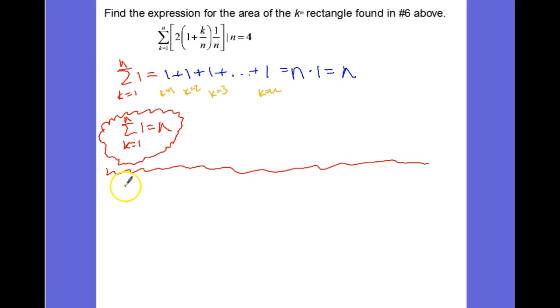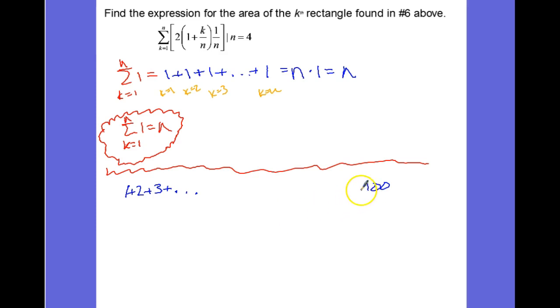And so one of the stories about Gauss when he was in primary school in Germany is that his teacher gave him the following problem. They had just been working on arithmetic, and so to get proficient at this, he wanted them to have some practice. Add the first 100 natural numbers.